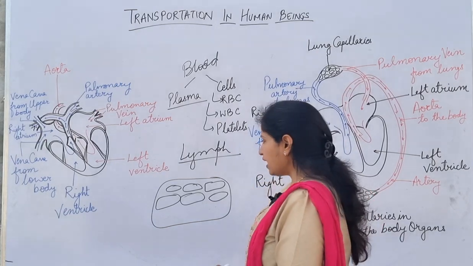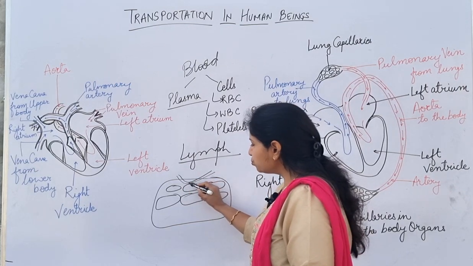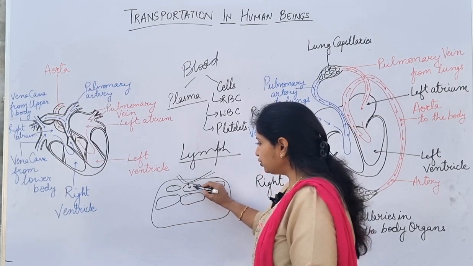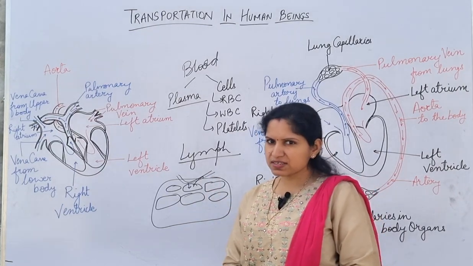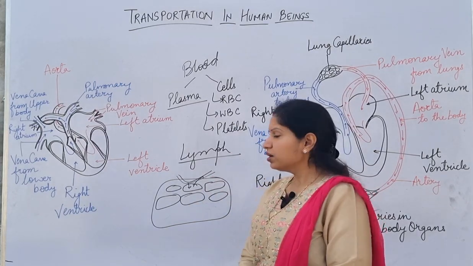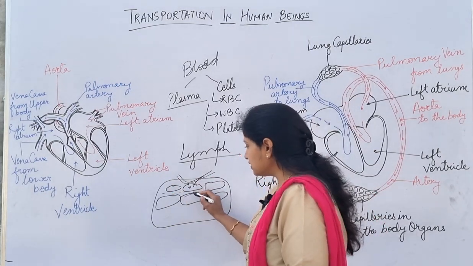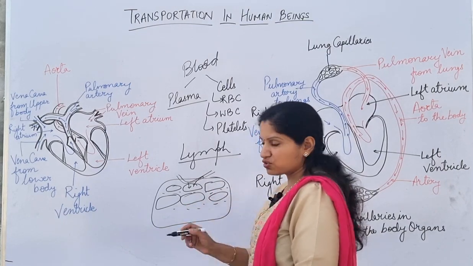Okay, now what happens? The capillaries provide the blood supply to the cells and take the deoxygenated blood, that is the carbon dioxide waste which is produced in the cells, that is taken up by the capillaries only. But now the fluid is present in this extracellular space or intercellular space also.